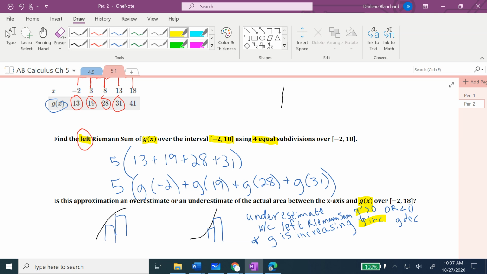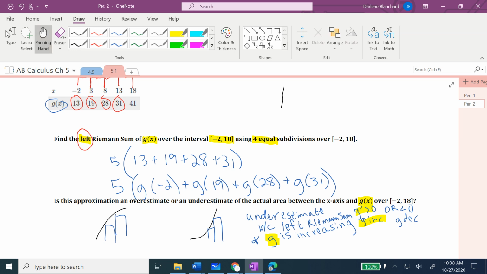Don't say, and the function is increasing. You have to state who, because in an AP problem, they are never talking about one individual function. And if you do not overtly say this function is doing that, they don't know that you know which function matters, and thus you do not receive credit. So don't pronoun.